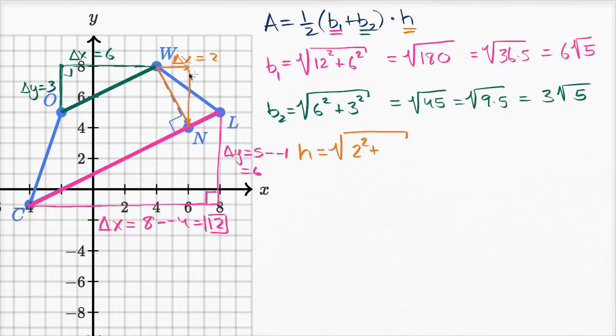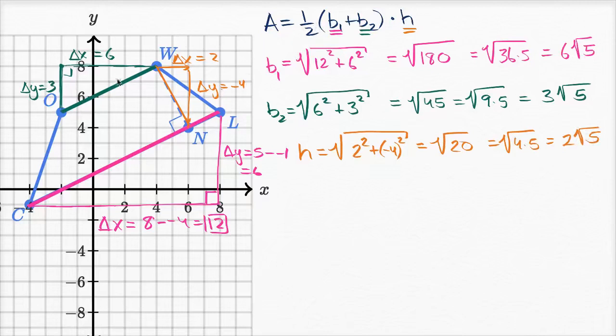Our change in y is negative 4, but we're going to square it, so it becomes a positive 16. So this is equal to the square root of 4 plus 16, square root of 20, which is the square root of 4 times 5, which is 2 times the square root of 5. It's nice that the square root of 5 keeps popping up.